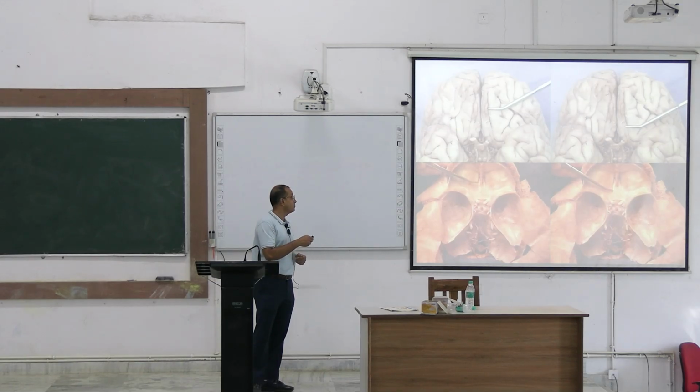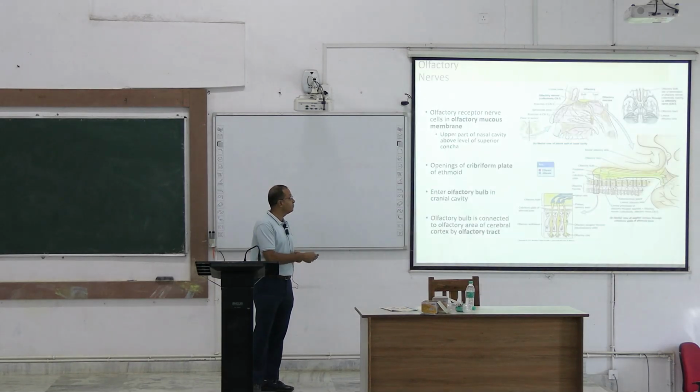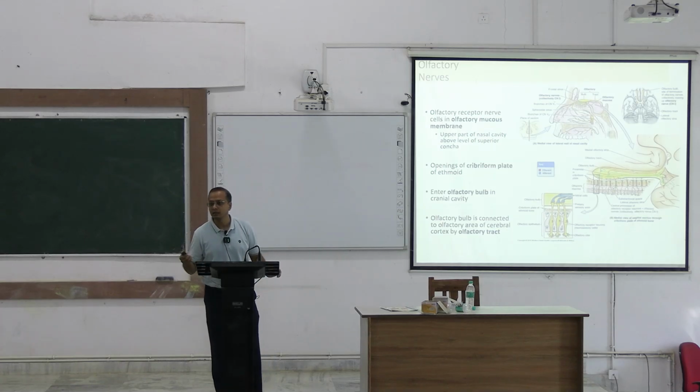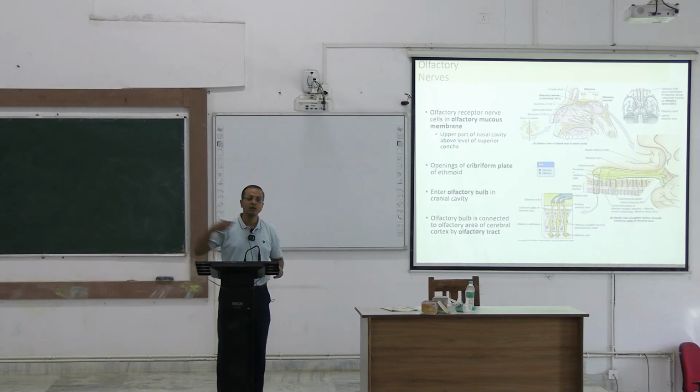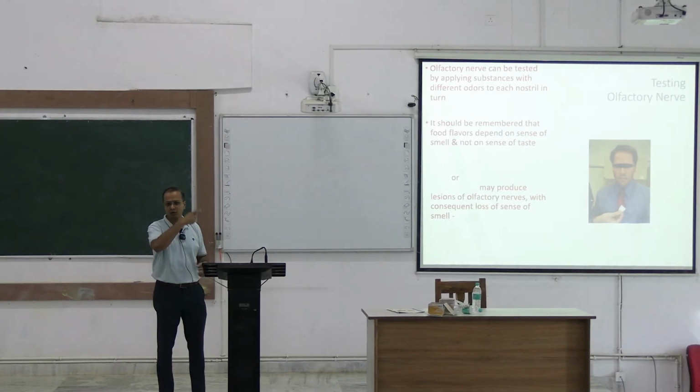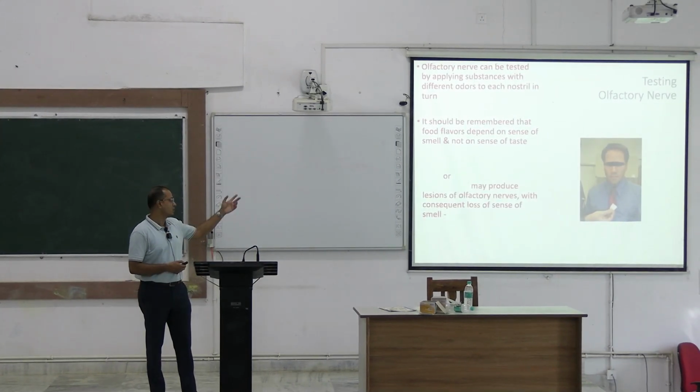Now, if you have trouble in the olfactory mucosa, or if these nerves are damaged, then the olfactory nerve is not carrying the smell sensation. Then we call it anosmia. This anosmia is tested through the sniff test. In physiology, they might be testing this olfactory nerve.